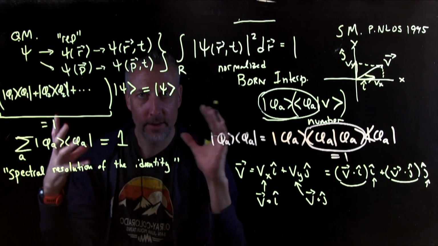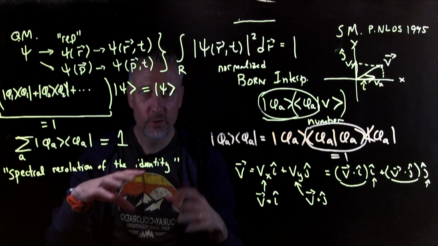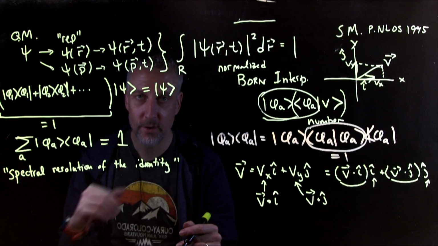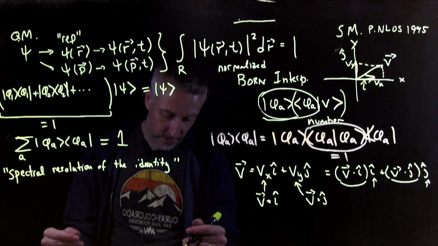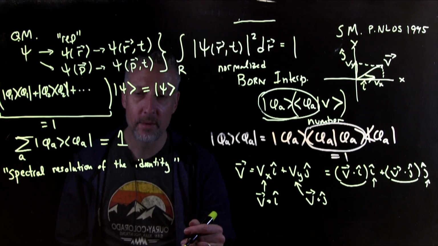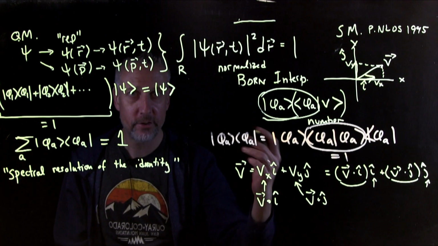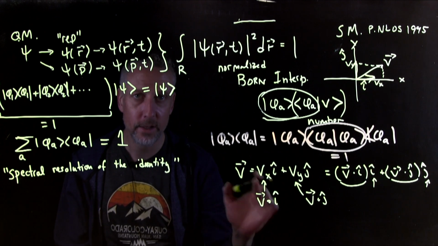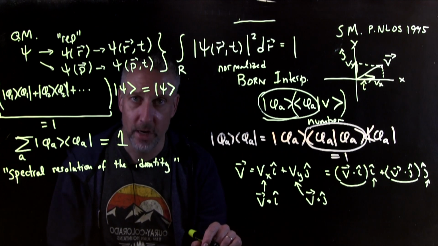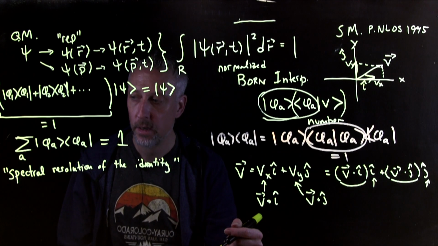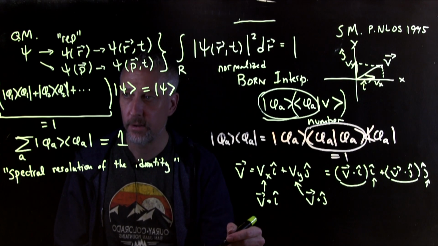It's taking the identity operator 1 and resolving it, separating it into each of the different contributions from each of the different eigenvectors. And it's very common, mostly in physics textbooks, to talk about the spectrum of an operator, even if it's not literally something that you would go in the lab and measure a spectrum of. It just means it's the set of eigenvalues that connect to each eigenvector.